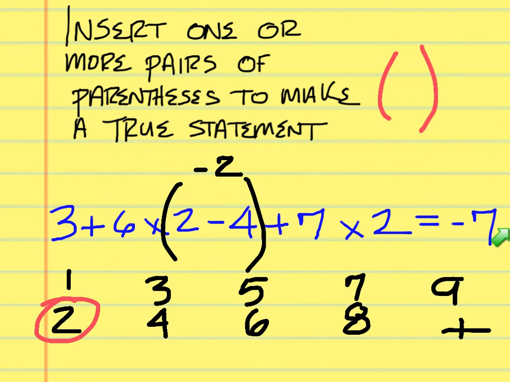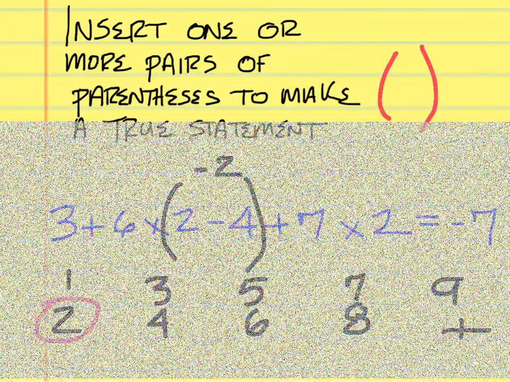Is 5 equal to -7? No. So you would put the parentheses elsewhere or add in another pair of parentheses with it. You can use more than one set. But in this case, the problem turns out to be having a set of parentheses there and a set of parentheses there in red. That will give you the right answer.